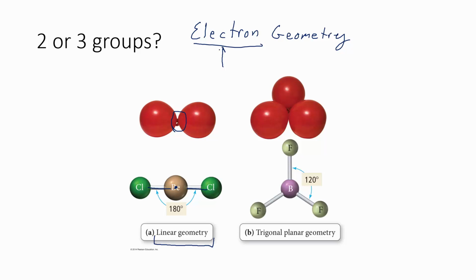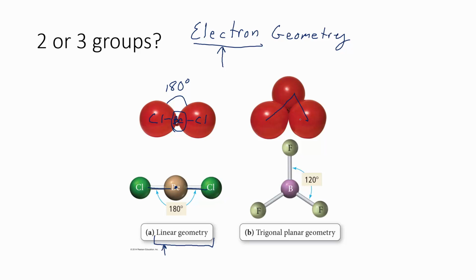But for right now, all of these shapes are electron geometries. So the beryllium, our diagram is in the middle. Chlorines are attached on the outside. 180-degree angle between the two of them, straight line. We name the shape, we call it linear.